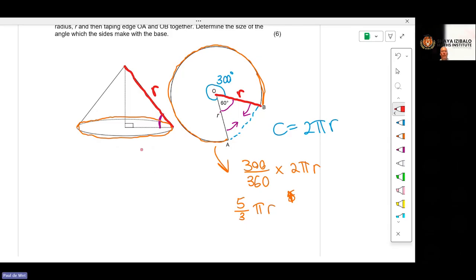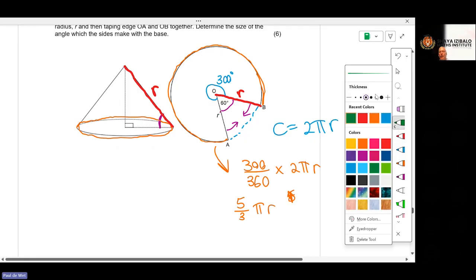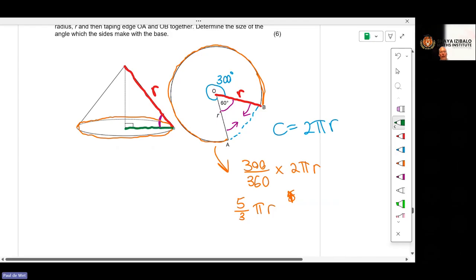And now the last thing we've got to do here. This is a tough question to end with, but we've got to work out what this is here. Do you agree? If we can work this out, then we are good to go, because then I can find this angle.